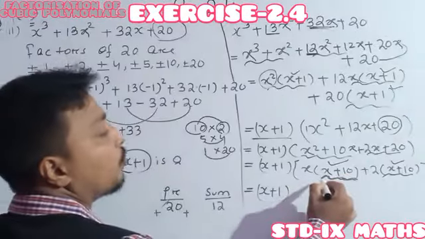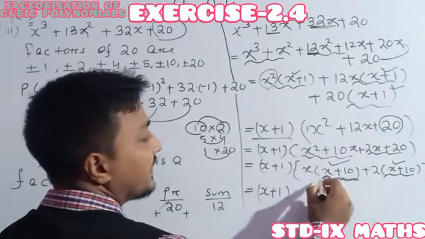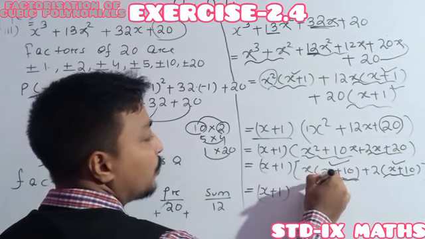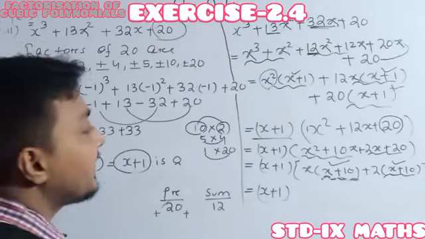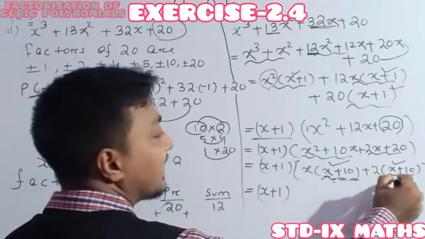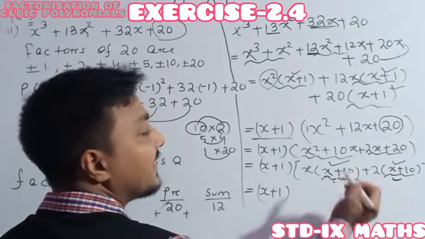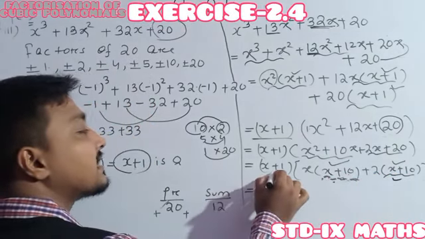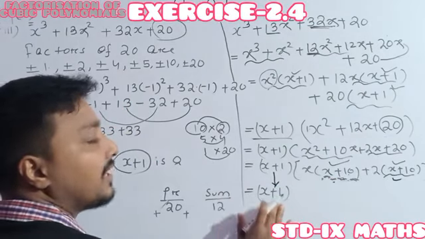This quadratic polynomial has been reduced into the form of two terms. Here is one term and here is another term, and in both terms we are getting x plus 10 as common. So this linear polynomial we have to write as a linear factor.